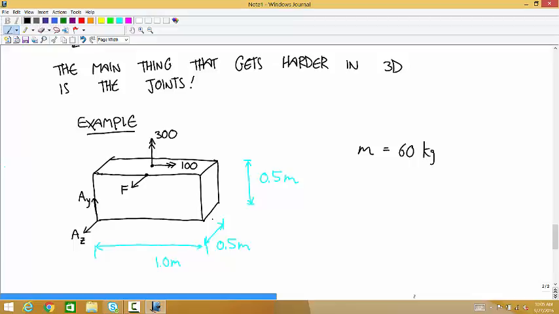And then the last force, besides the weight, is this force vector B that has x, y, and z components. So I'll just call that a B vector. And then there's also the weight that's acting at the center of mass.